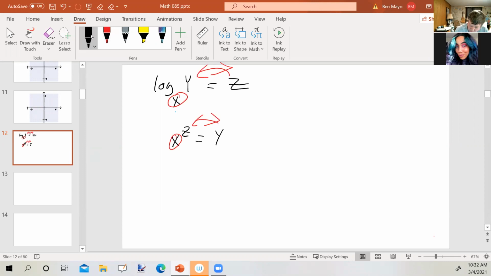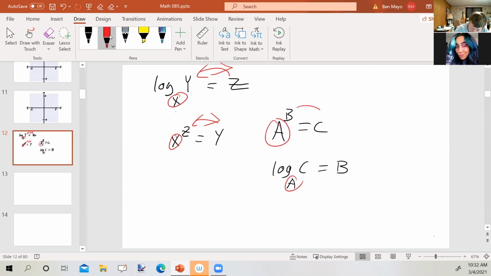If we have an equation a to the b power equals c, writing that in logarithmic form, that would be log base a of c equals b. Once again, the base stays the same, but the players change places. Anything else?